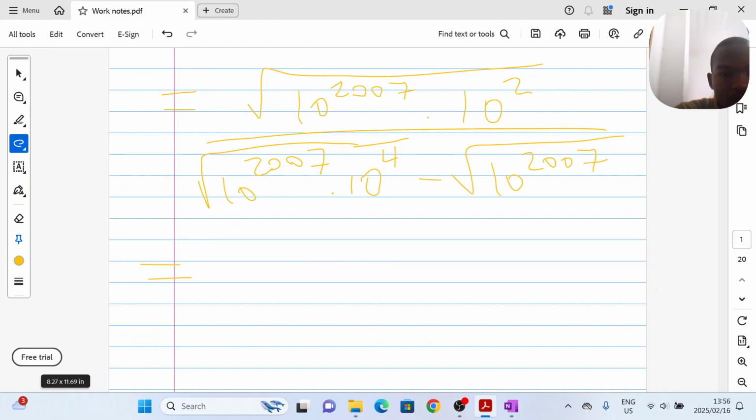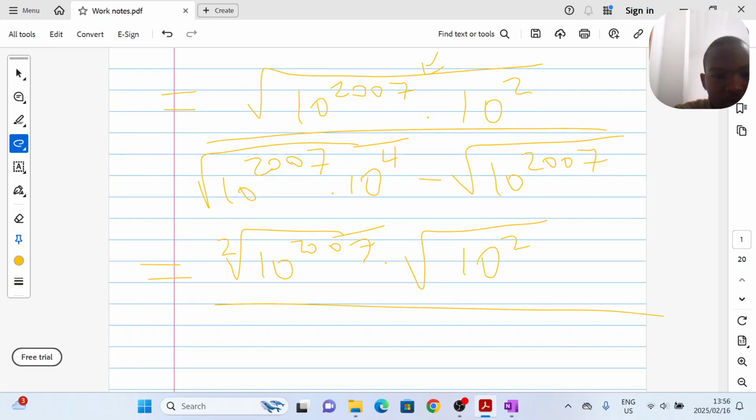So we'll split that, and this is the same as 10 to the power 2007 times the square root of 10 to the power 2. Take note of this: we have a 2 there, we have a 2 there, so we can always combine them or split them. We're going to do the same thing here. We have the square root of 10 to the power 2007 times the square root of 10 to the power 4, minus the square root of 10 to the power 2007.